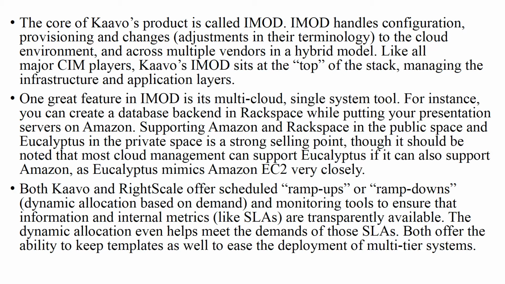Meanwhile, supporting Amazon and Rackspace in the public space and Eucalyptus in the private space is a strong selling point, though it should be noted that most cloud management tools can support Eucalyptus if they can also support Amazon, as Eucalyptus mimics Amazon EC2 very closely.